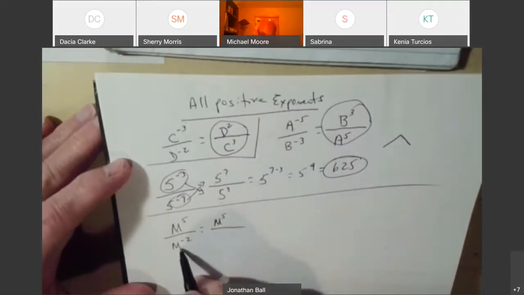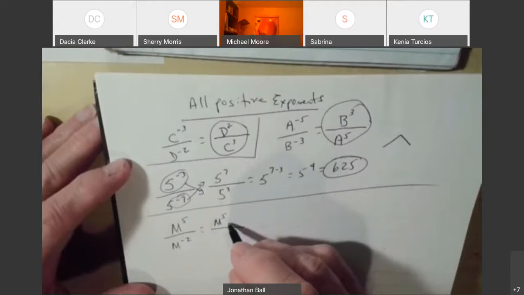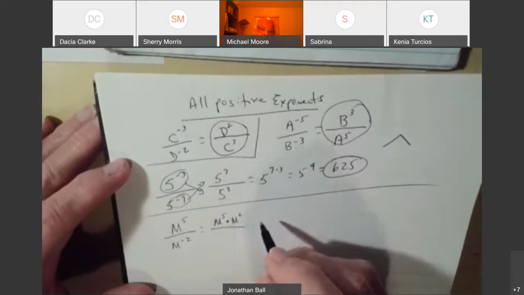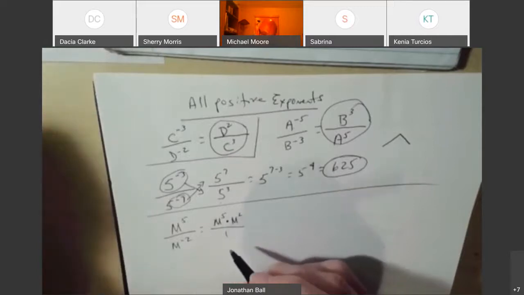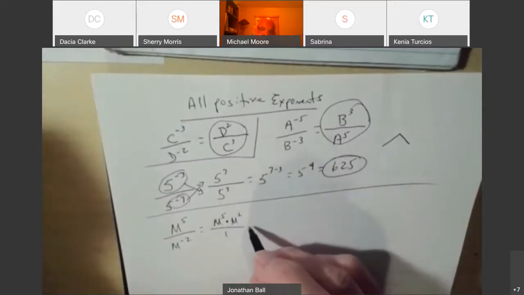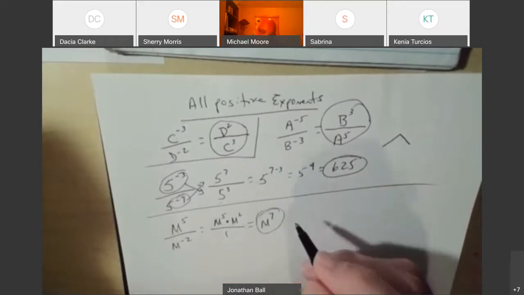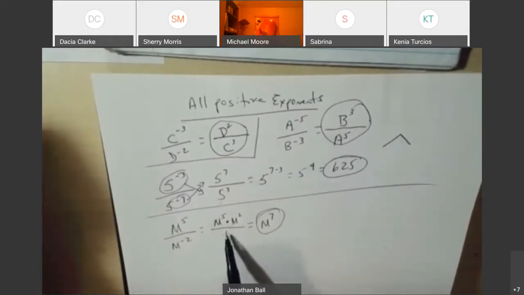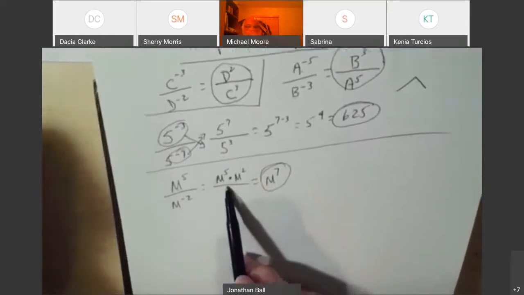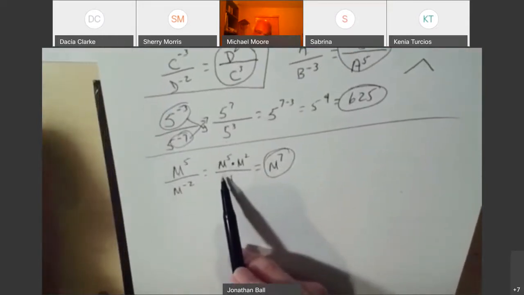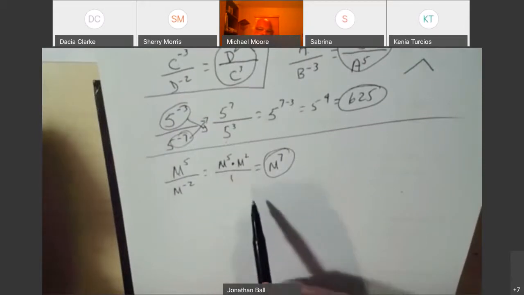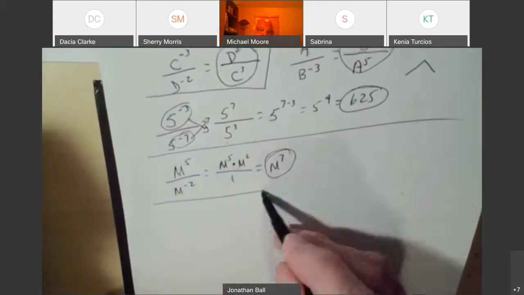M to the minus 2 goes to the top. Over 1, you don't have to write the 1, it doesn't really mean anything. Equals m to the 7th. This is part and parcel of the reason that we draw the fraction bar first. It helps you sort these things out.